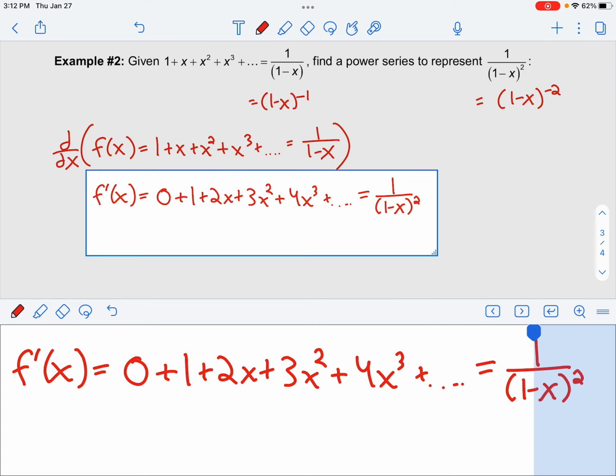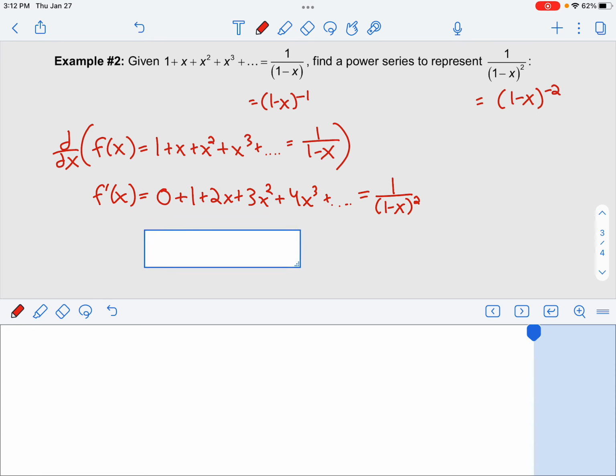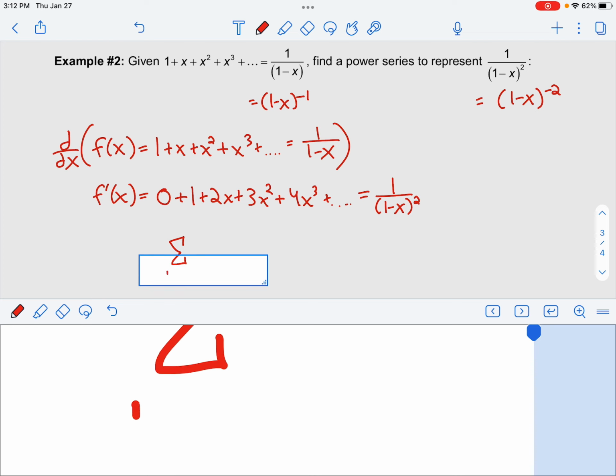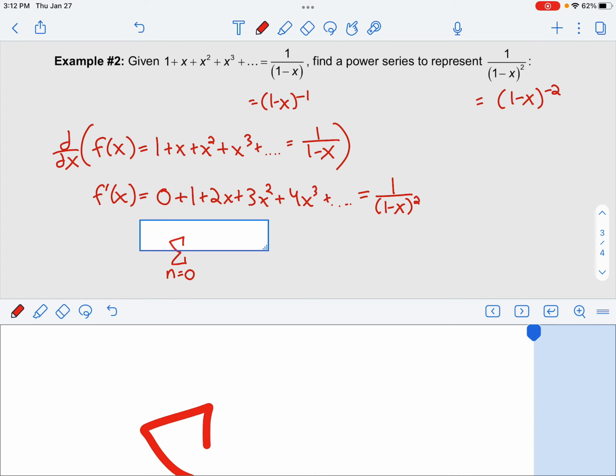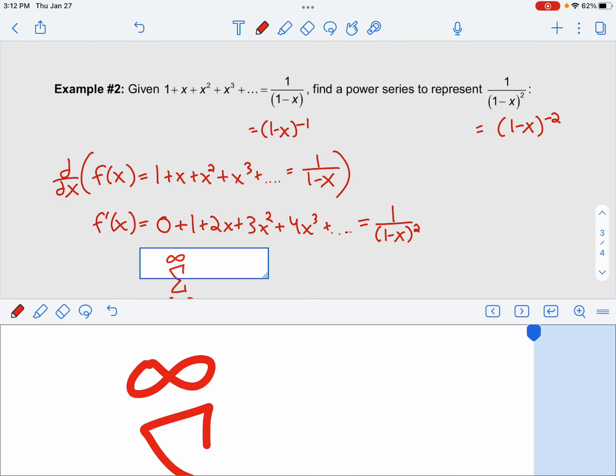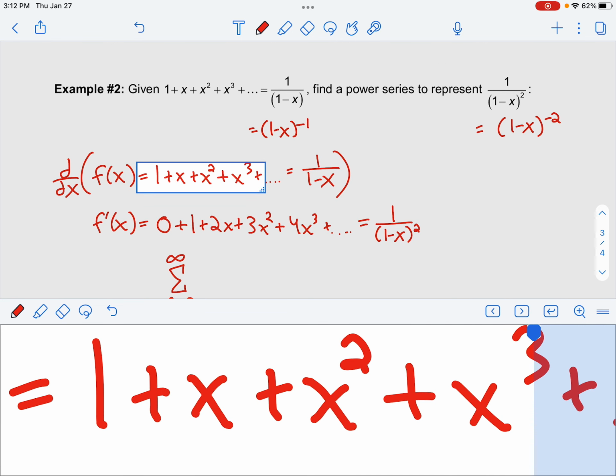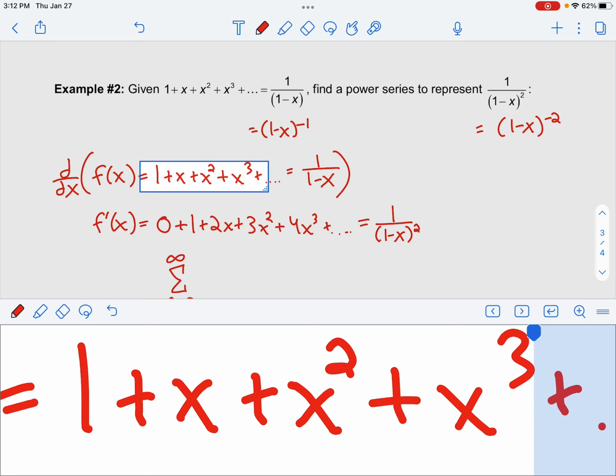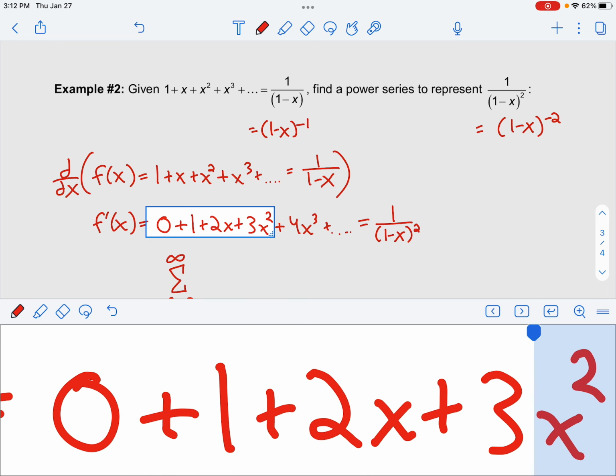The last thing I'm going to do is rewrite this in sigma notation. So here's my sigma, starting at n is equal to 0 going all the way up to infinity. What was the one I started with? I can just say this was x to the n, starting at 0. And what did I do with it? I took its derivative.